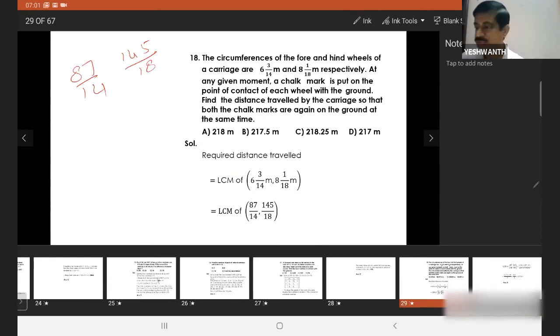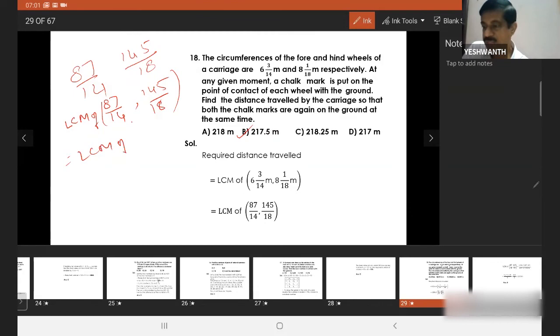Now let us rewrite it again. LCM of 87/14 comma 145/18 is LCM of 87 comma 145 divided by HCF of 14 comma 18.